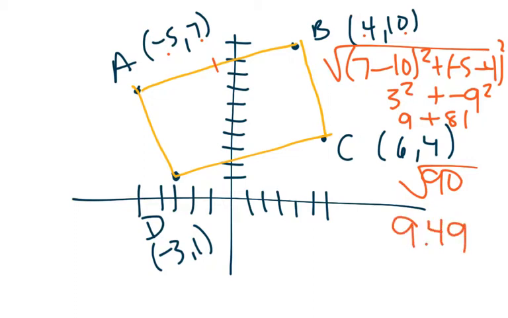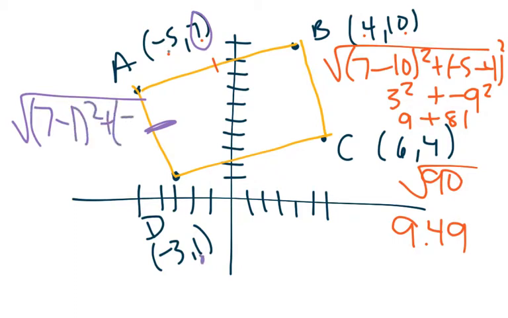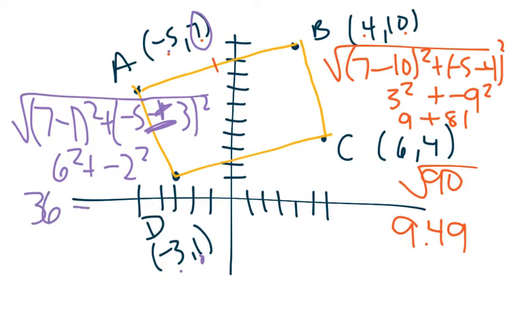Okay. Then we do this other side. So we go square root of y value minus y value squared plus x value minus x value squared. So it's like plus negative 5 plus 3 is negative 2 squared. 7 minus 1 is 6 squared. 6 squared is 36. Negative 2 squared is 4. So we get 40.